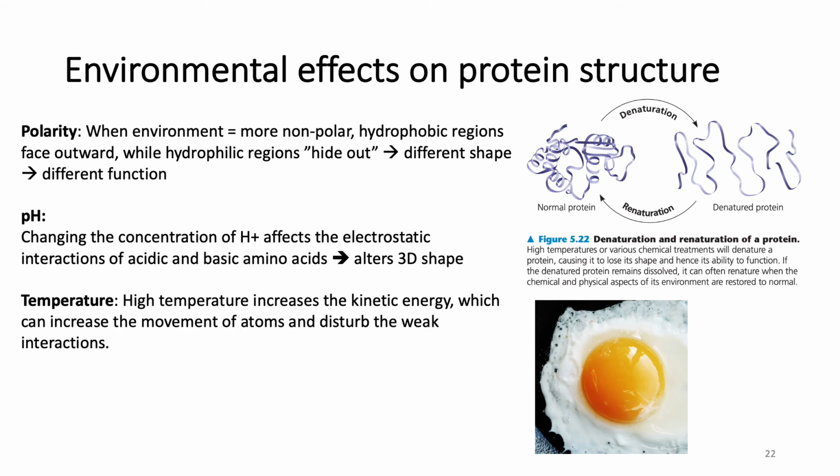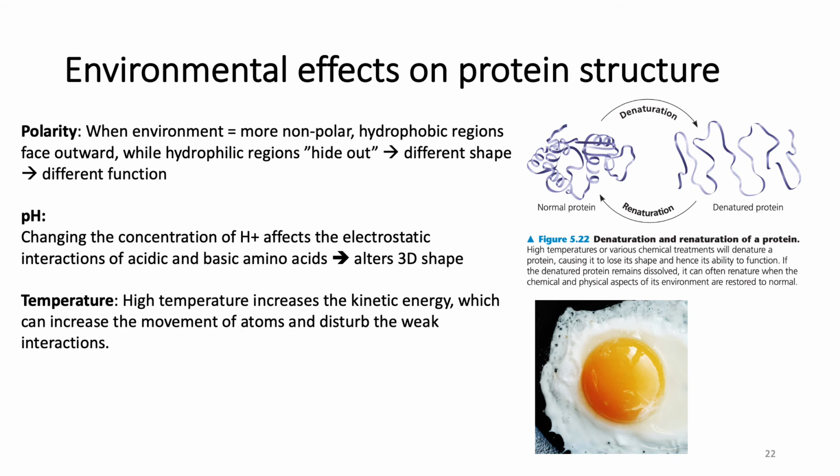Other denaturation agents include chemicals that disrupt the hydrogen bonds, ionic bonds, and disulfide bonds that maintain a protein's native shape. For example, altering the pH can change the concentration of H plus, and having more H plus can neutralize basic R groups, which would destroy the existing electrostatic interactions that contribute to protein folding.